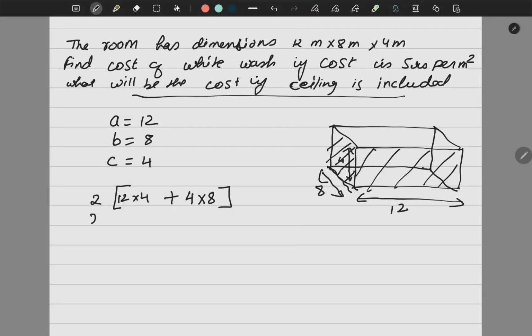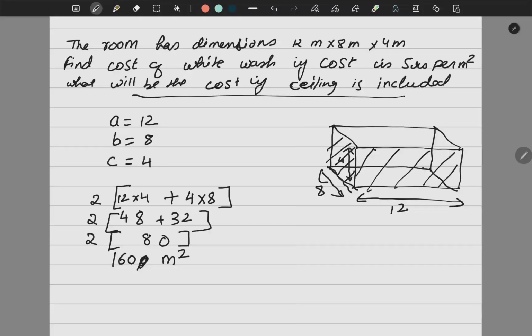Now look at this. 2, then 4 2s are 8, 4 1s are 4, plus 32. So 2 into 80, 160 meter square. Okay. So this is your area of the wall.